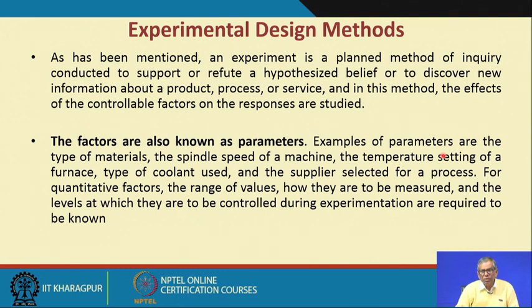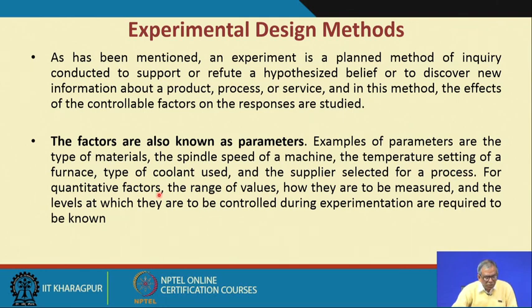That means make sure that the process is in statistical control, and for that exercise you carry out the process settings, which we refer to as the process parameters. So what are examples of the process parameters? Like the type of material, the spindle speed of a machine, the temperature setting of a furnace, type of coolant used, and the supplier selected for a process. So there are many examples.